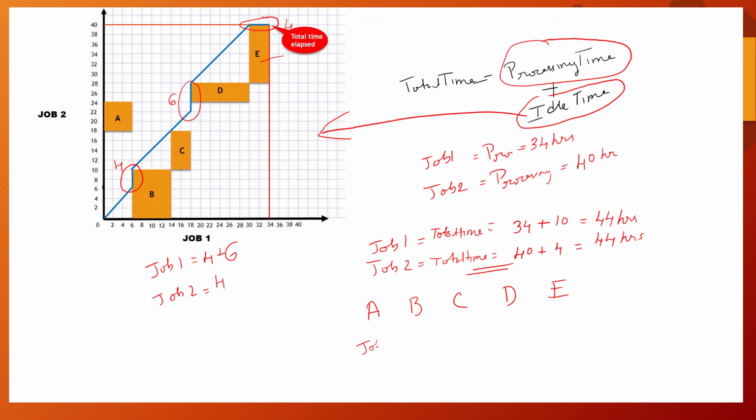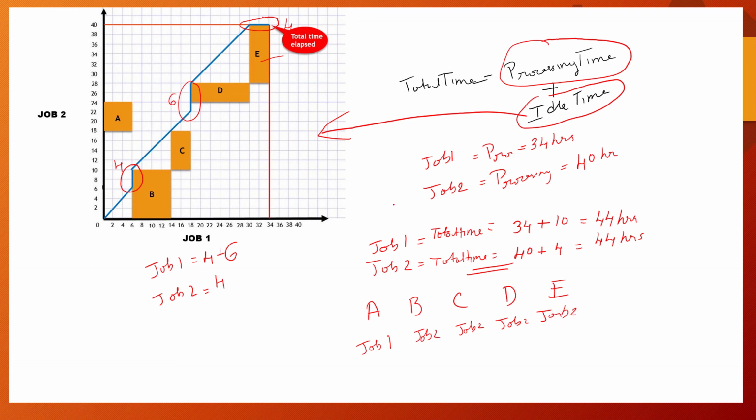B and all others are below the line, so job 2 comes first: job 2, job 2, job 2, and job 2.